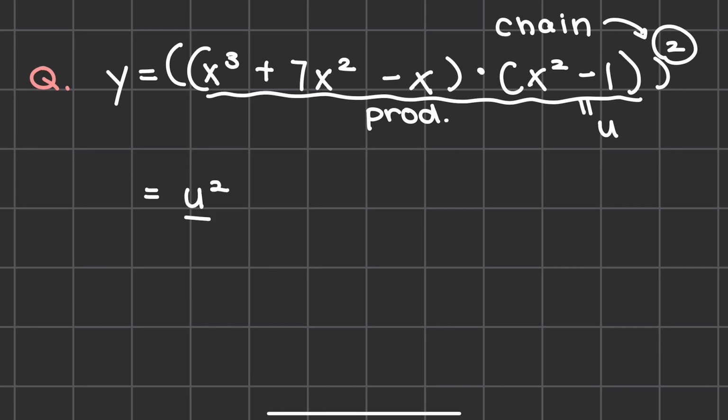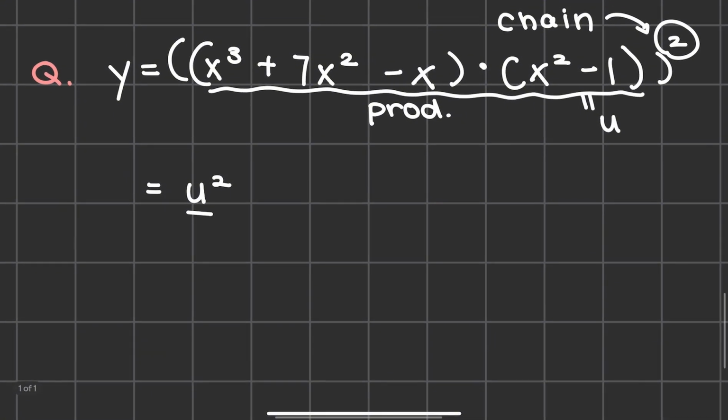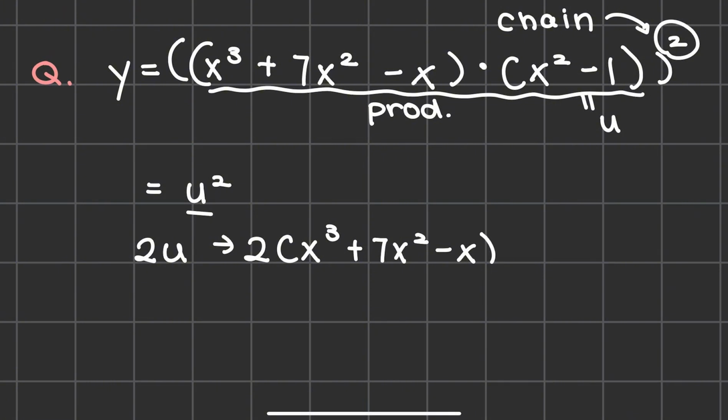So how do we derive u squared? The derivative of u squared is simply 2u. And that would be 2 times x cubed plus 7x squared minus x multiplied by x squared minus 1. Now let's put it another way.